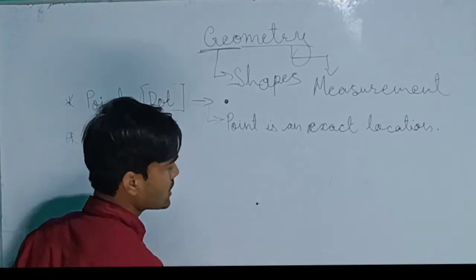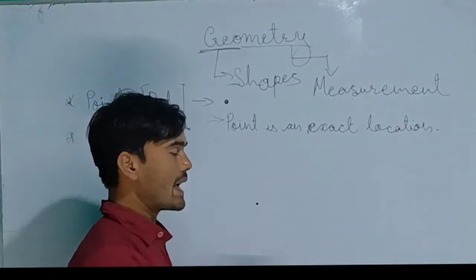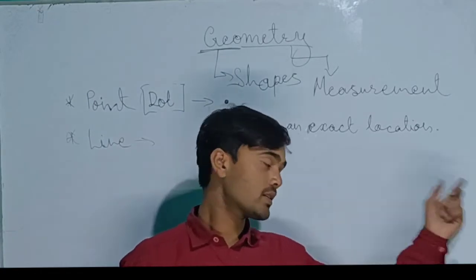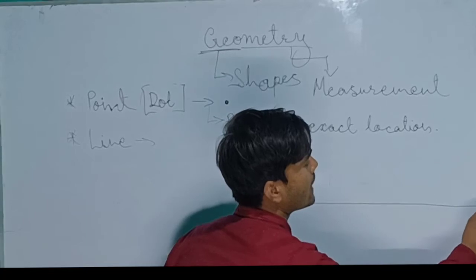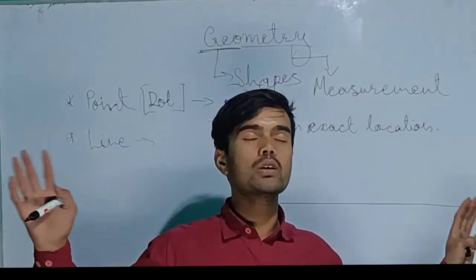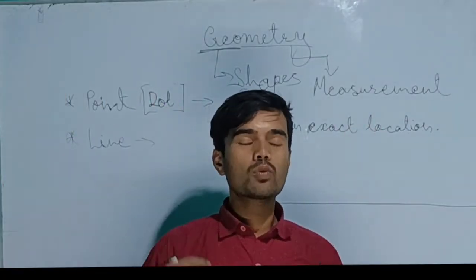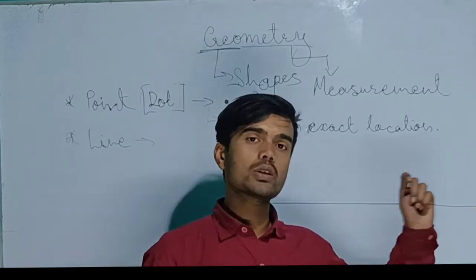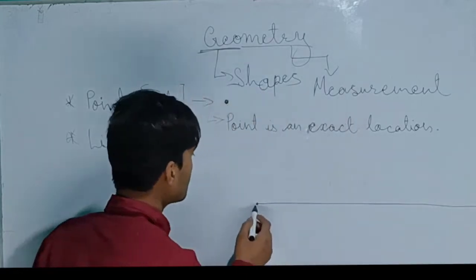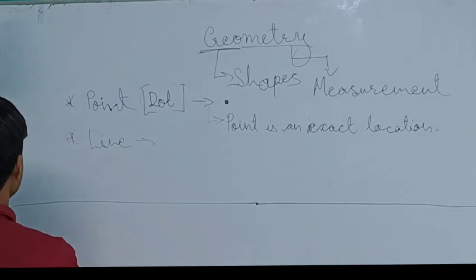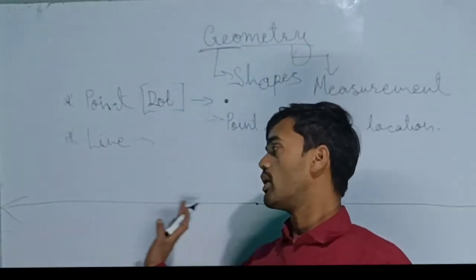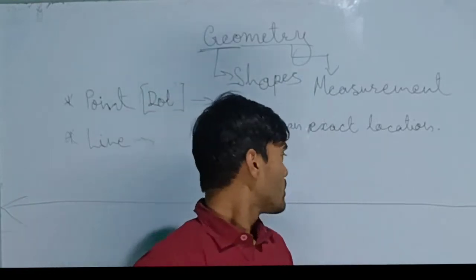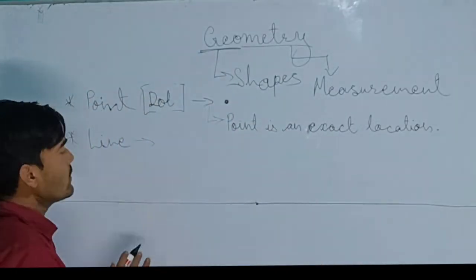Suppose we draw this point and extend it to the left side, it goes on and on. If we imagine there are no walls, a big space, the line goes on and on. If we take a line on the right hand side, the line goes on and on.